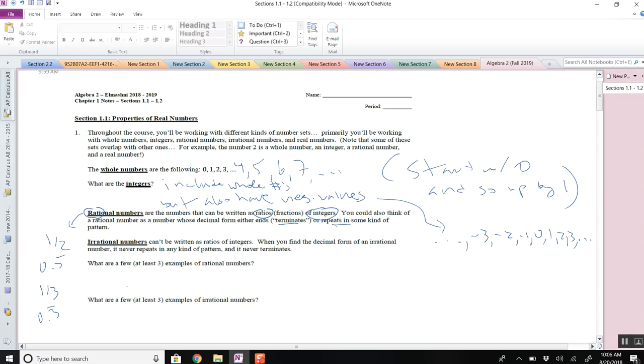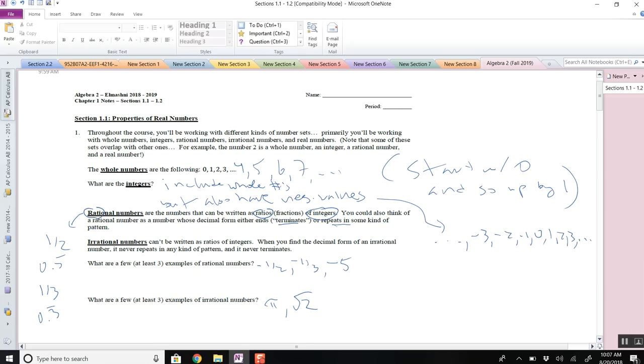Now, irrational numbers are numbers that don't follow that pattern. Some examples of irrational numbers would be pi or √2. You can't write those as a ratio of 2 integers. But again, rational numbers, like 1/2 or 1/3, or even a number like 5 itself, would be rational numbers. They could be negative as well. The bottom line is rational numbers are a ratio of 2 integers, irrational are not.